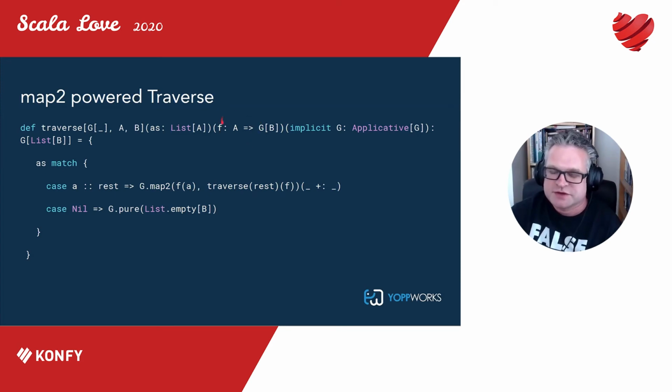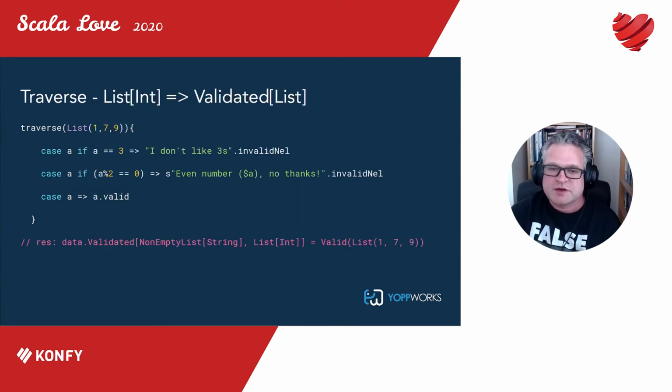We also have this function here that takes the pure values and turns them into something of the applicative type, of type B. So this might seem quite abstract, but this is an implementation of traverse, which is a really useful function. You can actually use traverse to do all kinds of things like mapping and filtering and more. So here's an example.